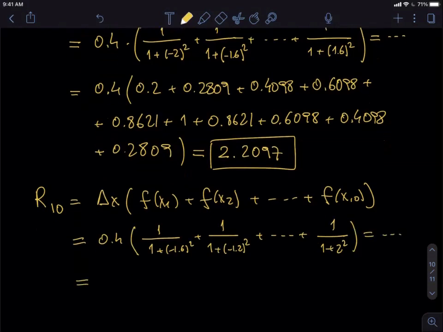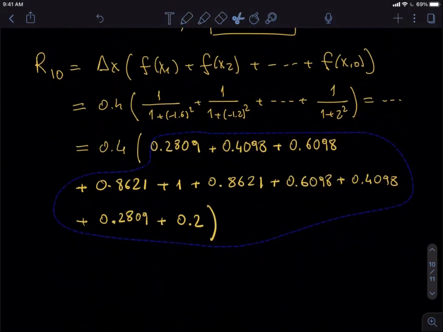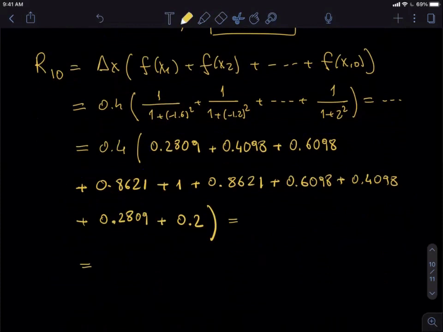And we just keep going. 0.4 times, and here we compute all the numbers. There we go. And once we have all these computed, we just compute the sum, multiply by 0.4, and we get 2.2097.